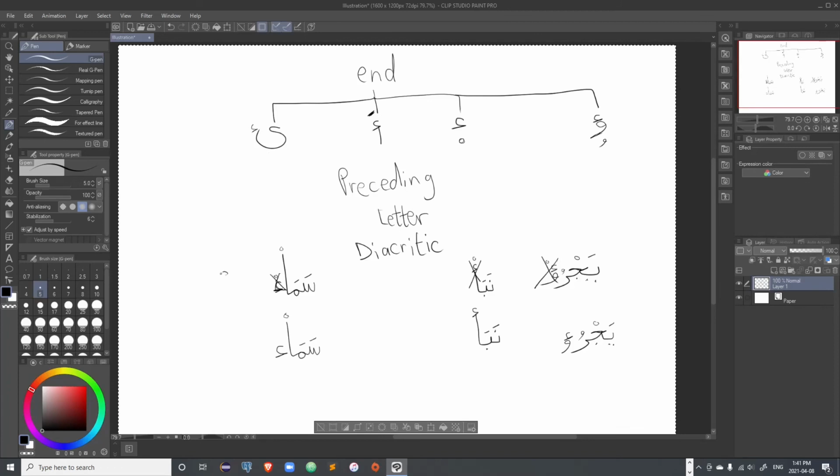Now we will take the word qari, which means reader, one who reads. Qa, elongation, so vowel. Qari, ri, qari.